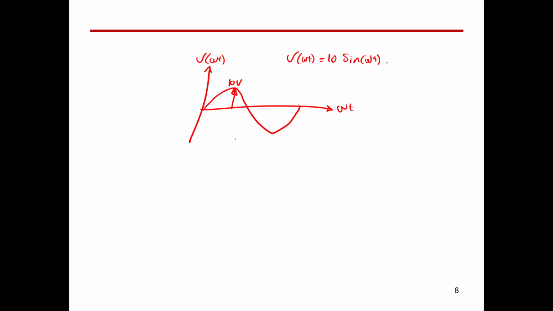If I add a DC component, let's say this is v1 of omega t. Let me change the color of my pen. Now, if I have another waveform shifted by a DC component of, for instance, 5 volts, so I am shifting the same waveform just by 5 volts.